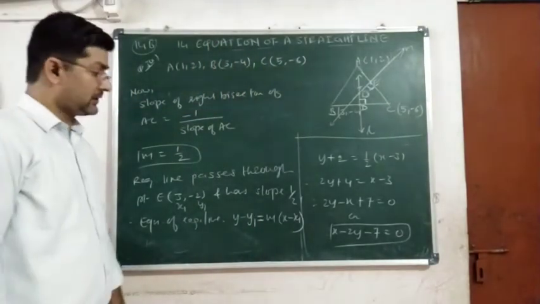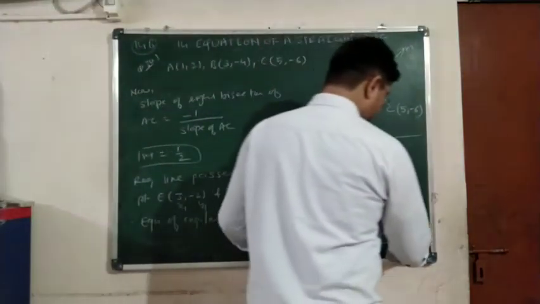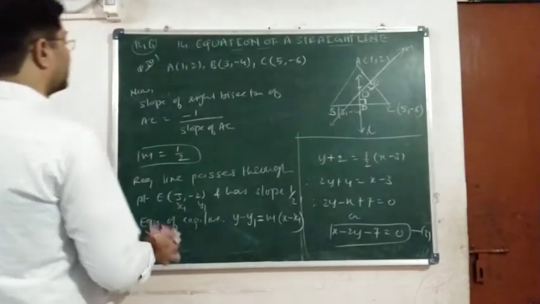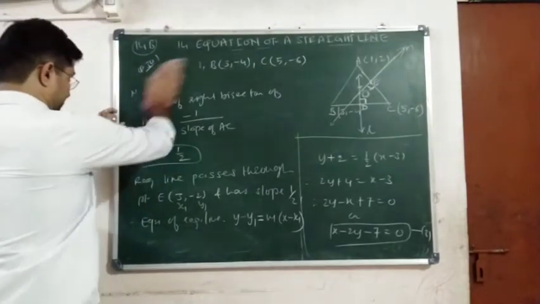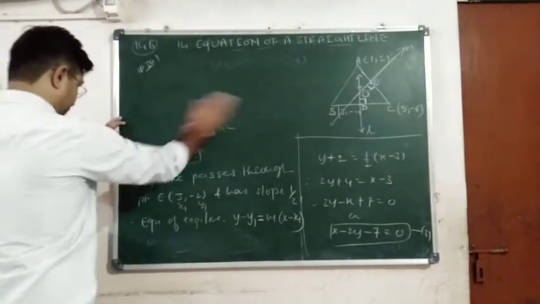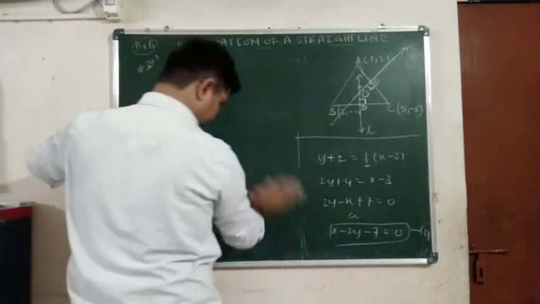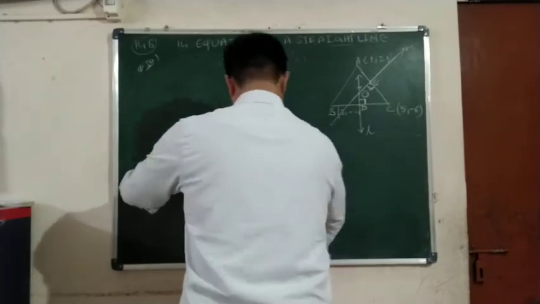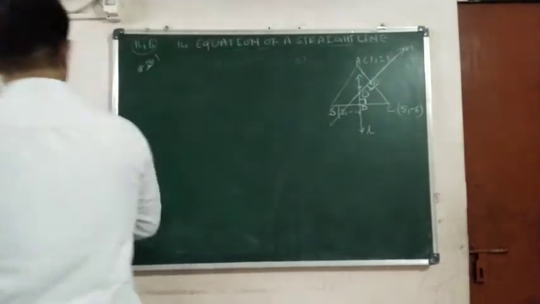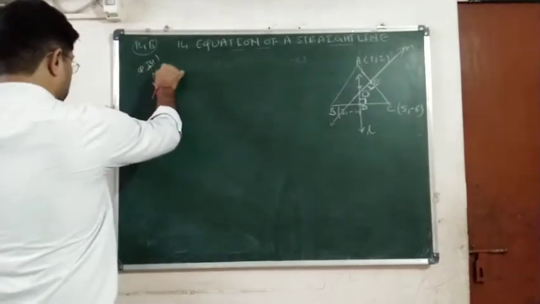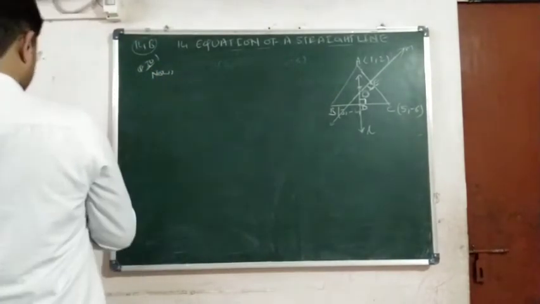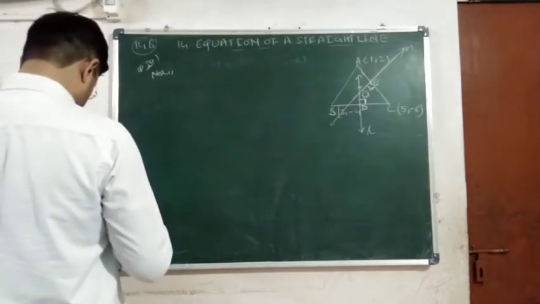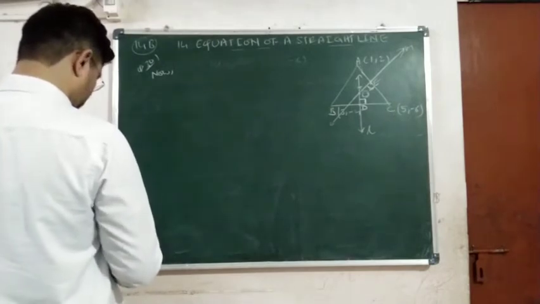So we have two equations. Now let us solve the two equations. I will give this equation number 2. Okay, now let me write down the first and second equations.